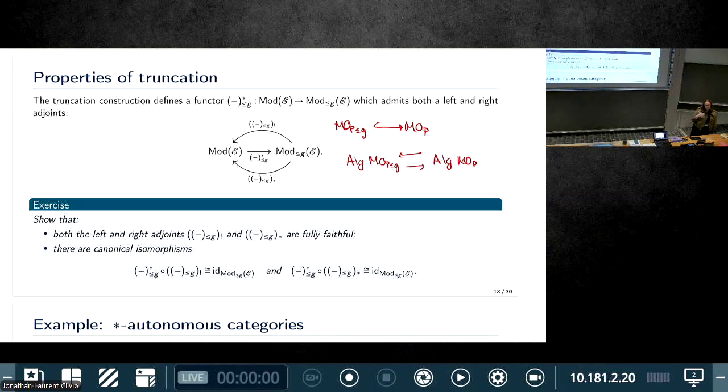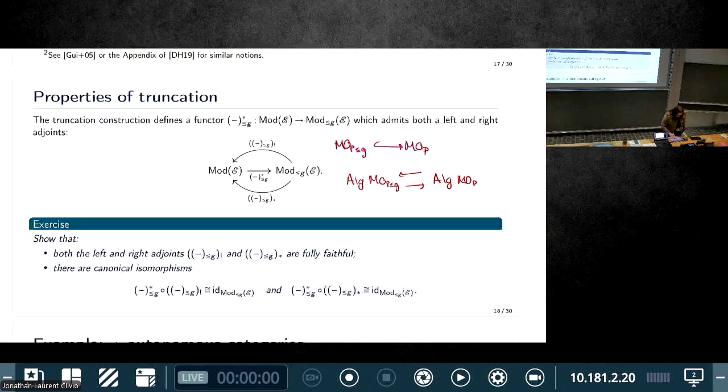And this is basically what truncation is. So I'm including the graphs into the graphs where I have all genus, and then I'm doing some adjunctions on their algebras. This sort of thing you can find in an appendix. I think I put it here.